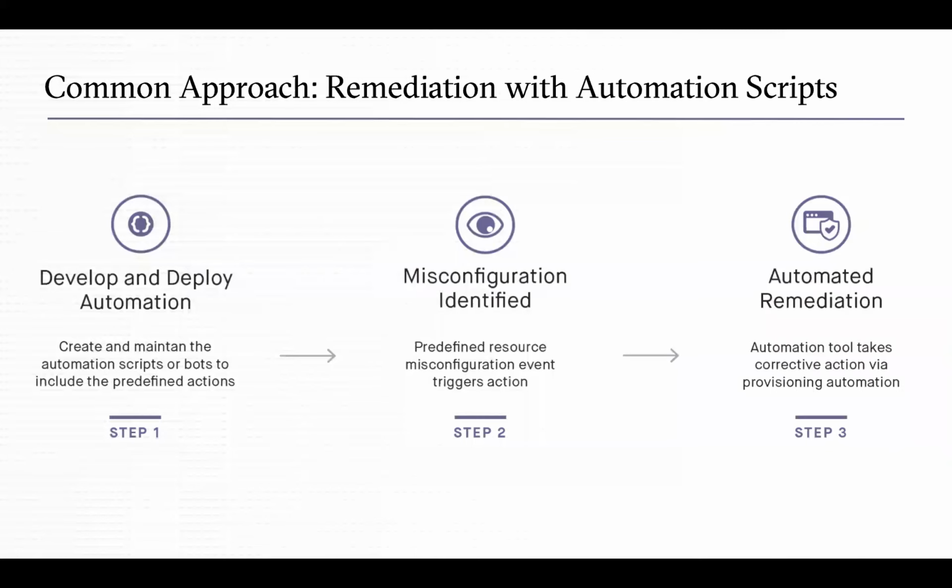So first you have to write all that code. Then once you're deployed, you need to use a scanning tool that finds a misconfiguration and triggers the automated remediation. So it's really the automated remediation action without a baseline that's a huge problem with this. There are many problems with it, but that is a particularly ugly problem.